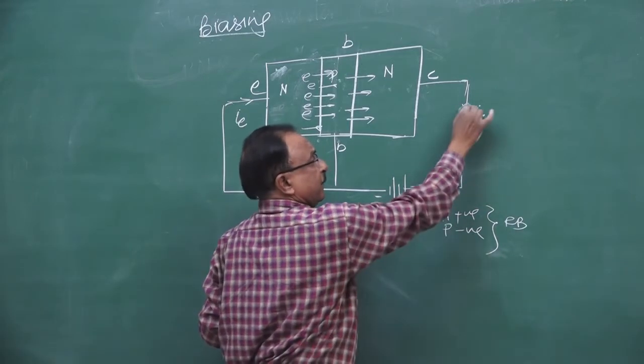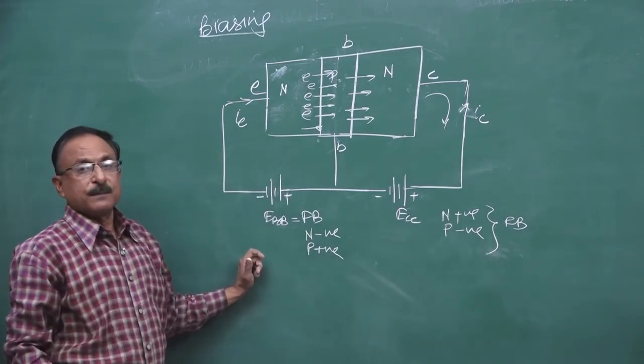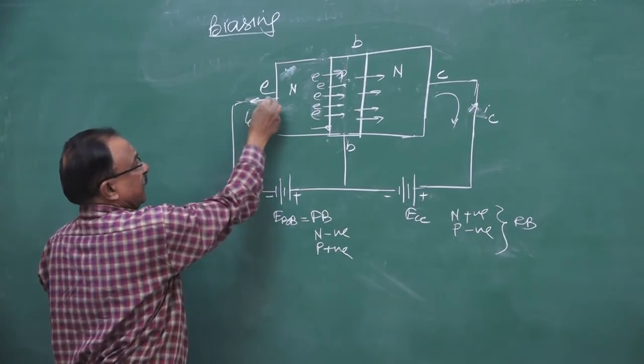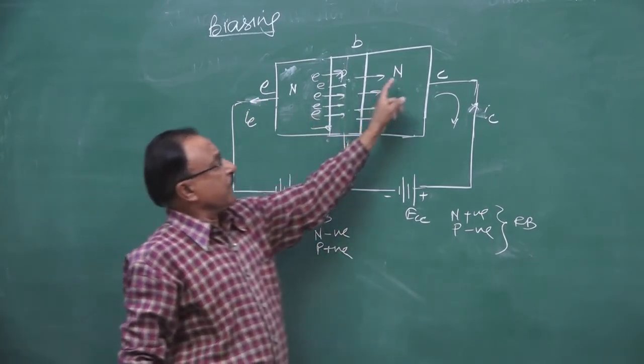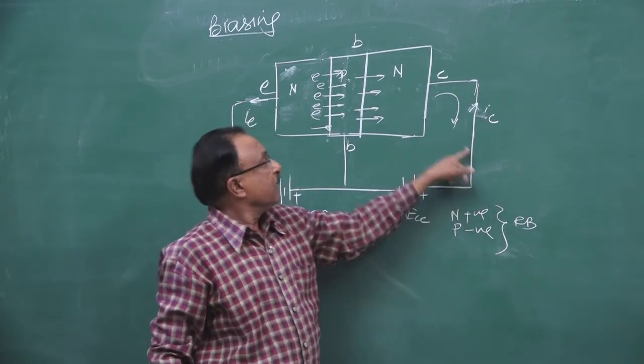Direction is upward, because electrons are flowing here. Direction of the current is this way. So when electrons reach the collector region, they constitute the collector current.